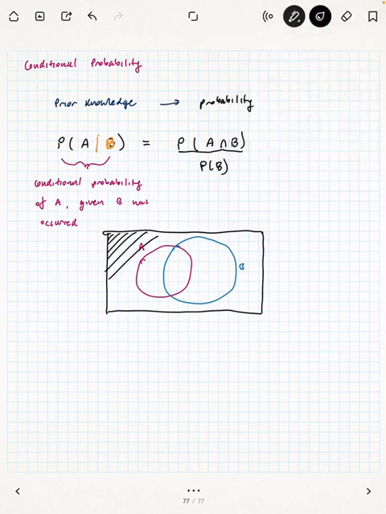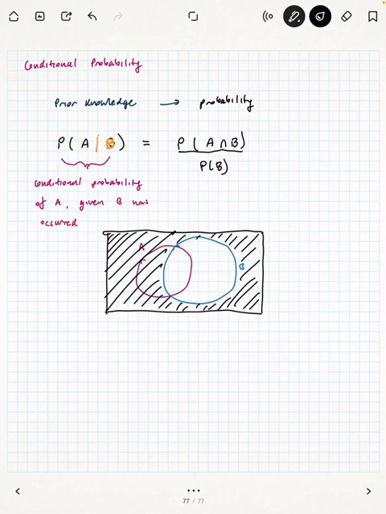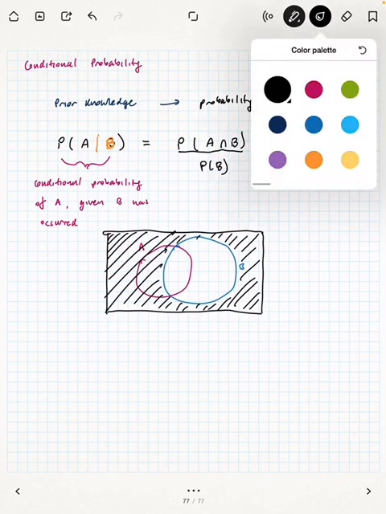So we now no longer care about everything outside of B. So now we're excluding that from our sample space because there's nothing random about it anymore. It's been determined.